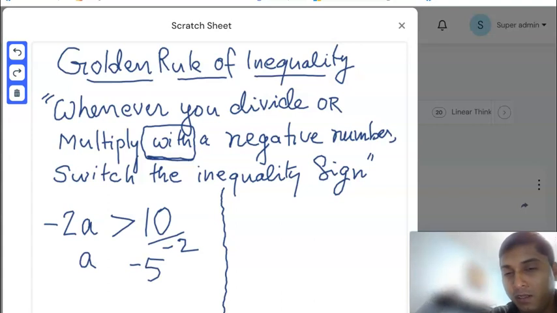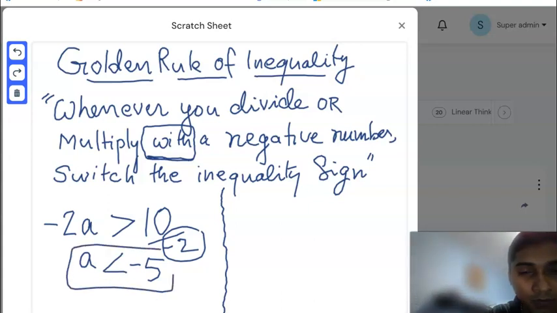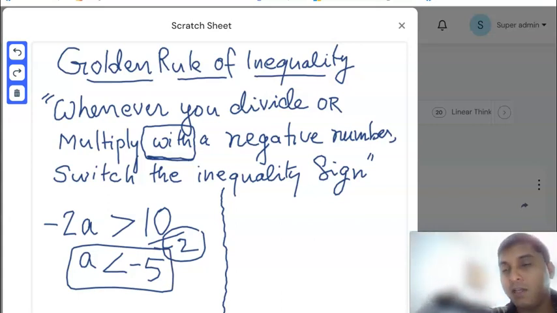But because we divided with a negative, this greater than symbol has to become a less than symbol, and it will reflect on the graph also, because all values are less than negative 5, therefore the graph will go to the left.